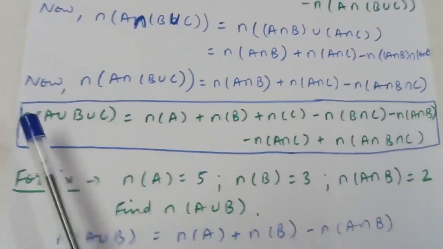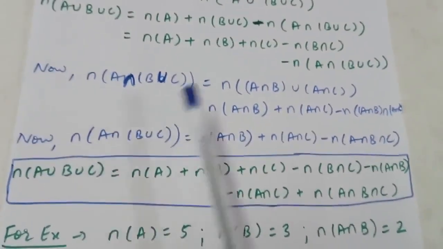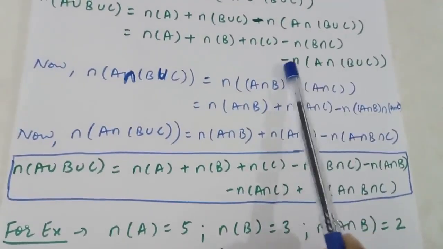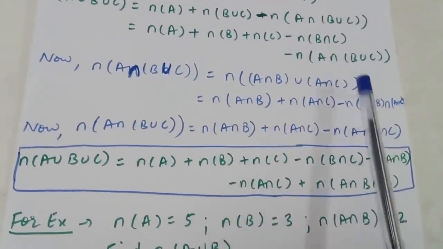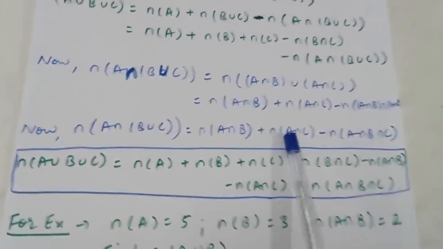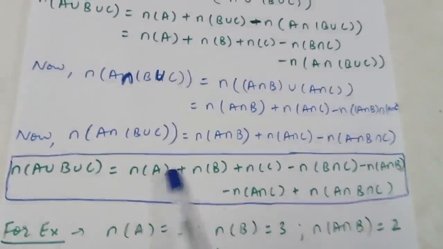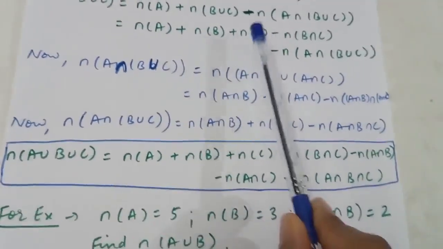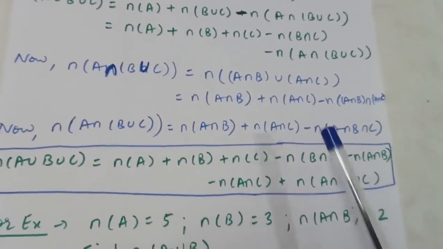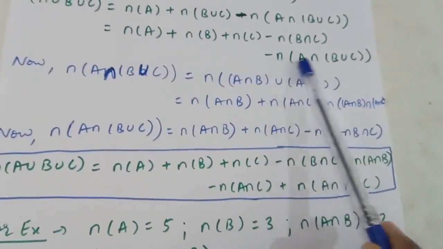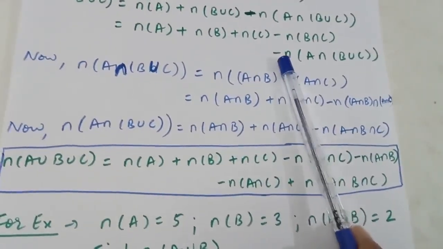Clear? So number of elements in A union B union C will be nothing but, now instead of this, we have found the value of this here. So instead of this, we'll put this value. So number of elements in A union B union C will be number of elements in A, number of elements in B, number of elements in C minus number of elements in B intersection C, and in place of this writing these values, also changing the sign because here it is minus.